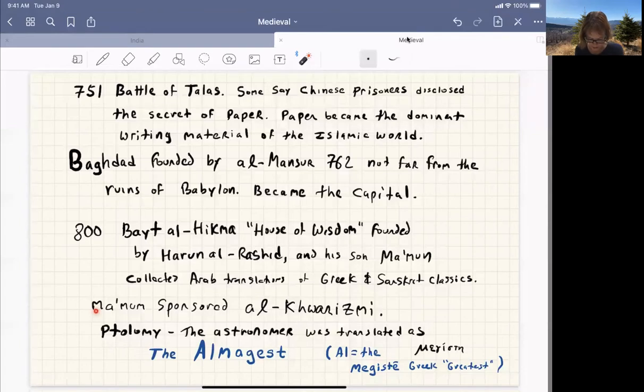Now, Mamun sponsored al-Khwarizmi, who we're going to hear more about. And Ptolemy, the astronomer, was translated into Arabic as the Almagest. So al meaning the, and megiste means greatest. So that's why we have the word Almagest for Ptolemy's works.